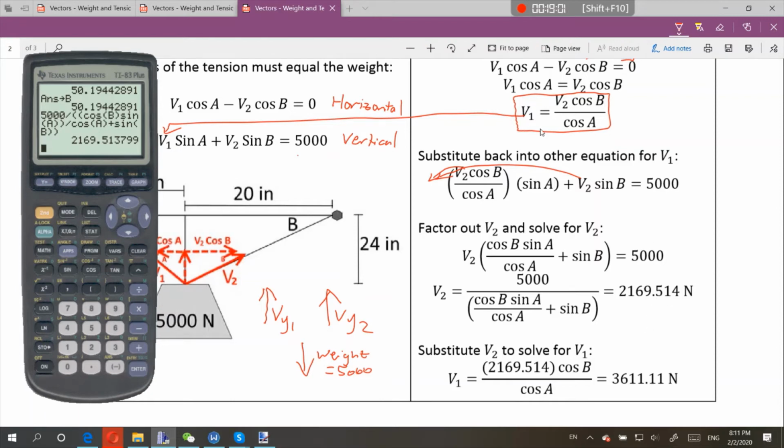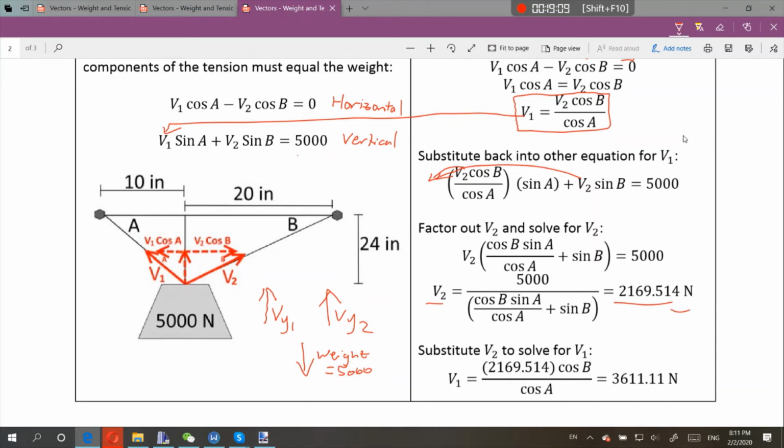Then I already have this equation up here, which we solved for V1. So I'm just going to take this V2 that we solved here and plug that back into our equation up here for V2. So that will give us V1 is V2, which we know is 2169.514, times the cosine B divided by the cosine of A. I'm going to do that in the calculator really quick too.